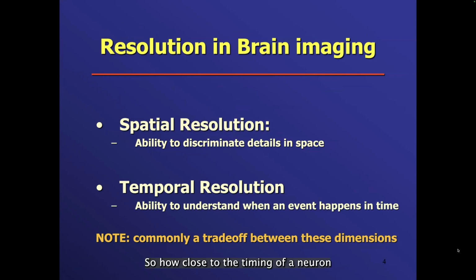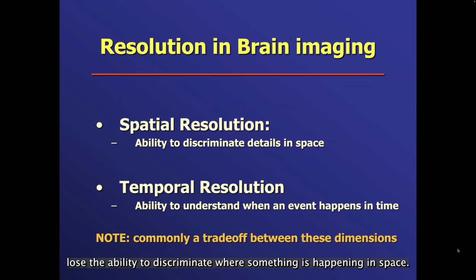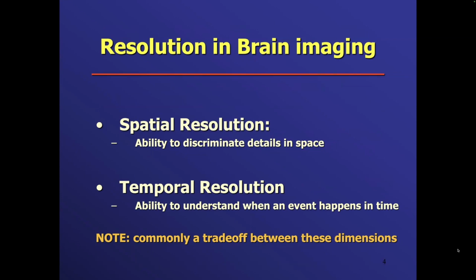So how close to the timing of a neuron firing is our measurement. And there's typically a trade-off between these dimensions. As spatial resolution increases, you often lose temporal resolution with your technique, and vice versa. As temporal resolution increases, you often lose the ability to discriminate where something is happening in space.